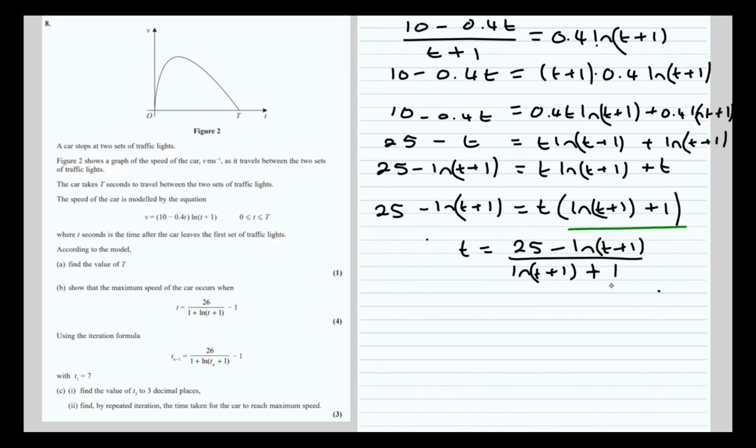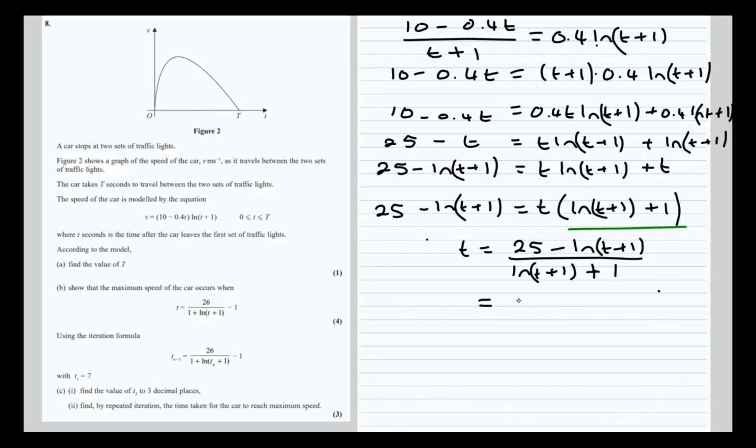So it's not quite in the right form yet. We want 26 on top, and we want a minus 1 on the outside. So to get a minus 1, we want to have a minus (ln(t plus 1) plus 1).